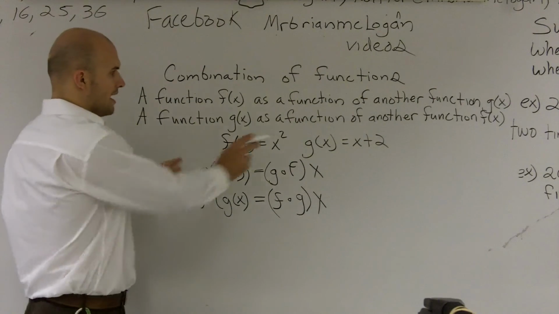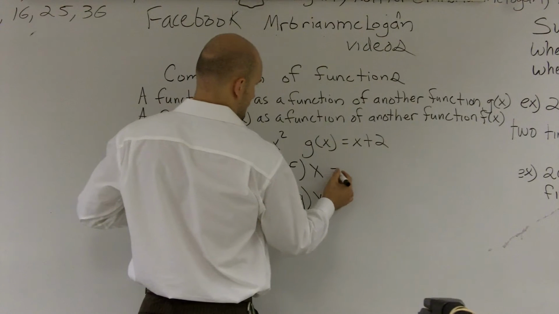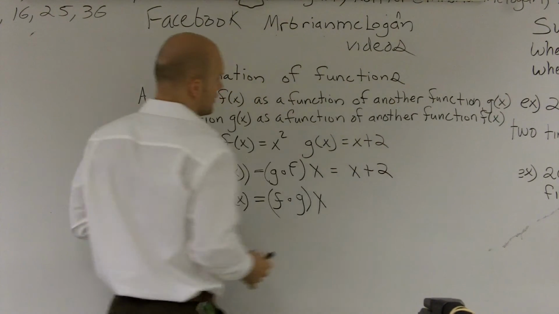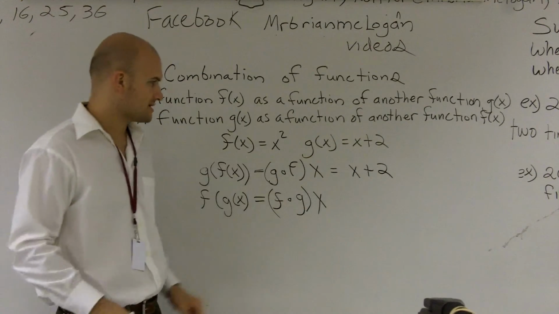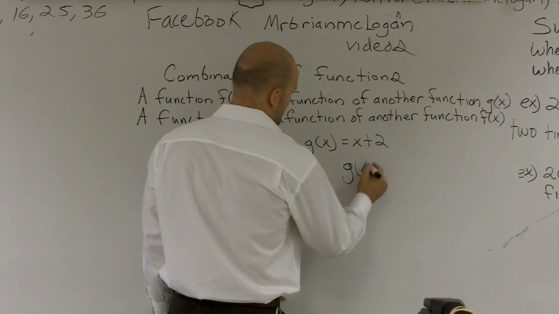Let's do the first one. I have g of x, which is x plus 2. That's what g of x is.